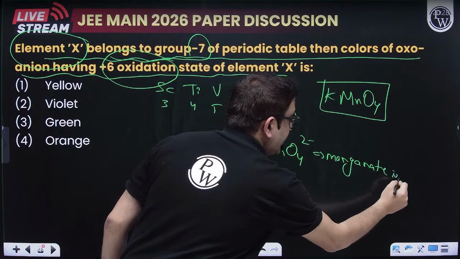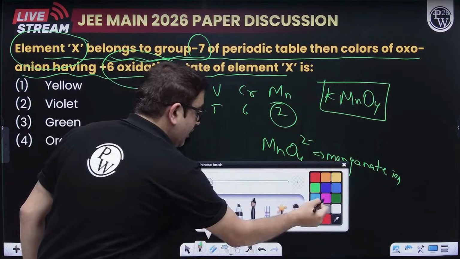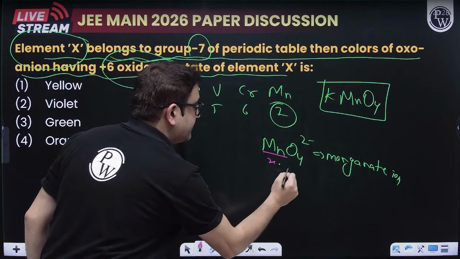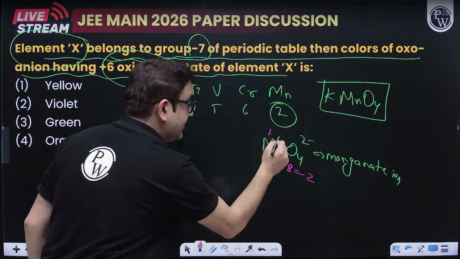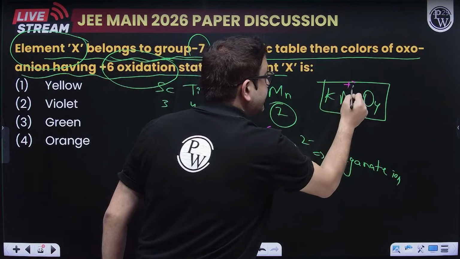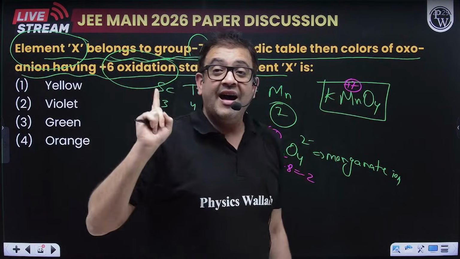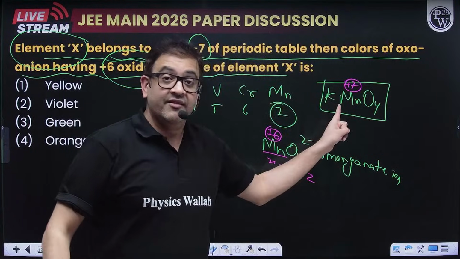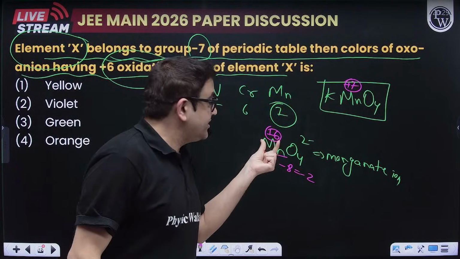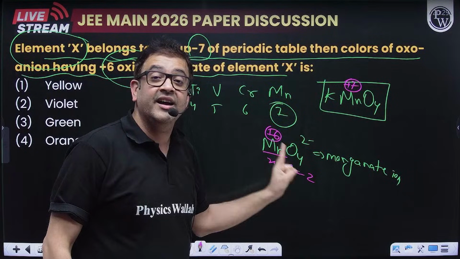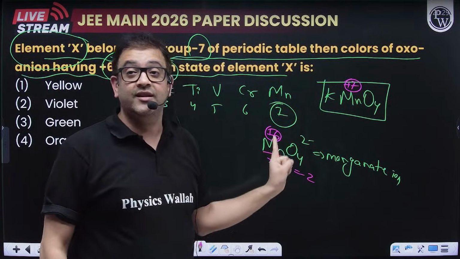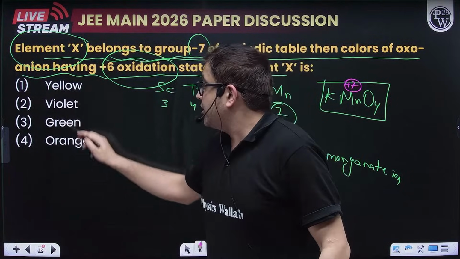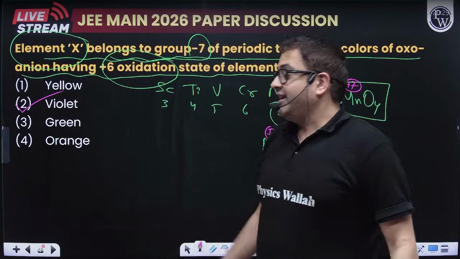If you check in this manganate ion, the oxidation state is X minus 8 equals -2, that is, +6. Over here it is +7. So if they had asked the color of the +7, it would be purple. But because they asked for +6, its aqueous solution is a violet colored solution.